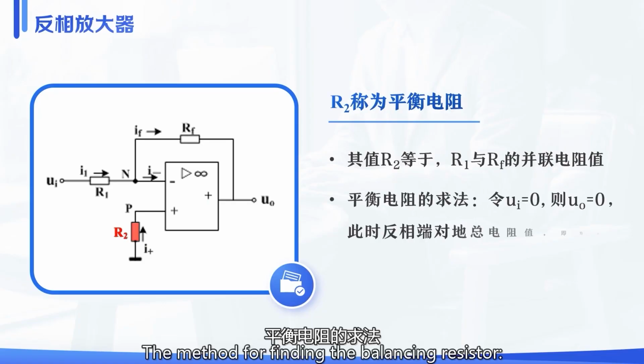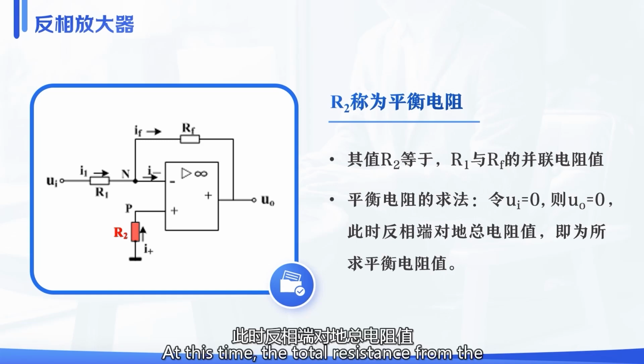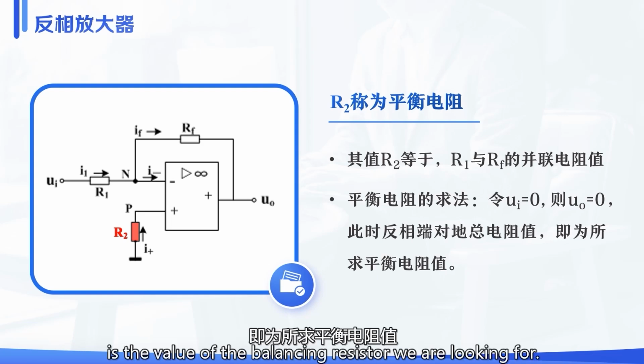The method for finding the balancing resistor: let UI equal 0, then UO equals 0. At this time, the total resistance from the inverting terminal to the ground is the value of the balancing resistor we are looking for.